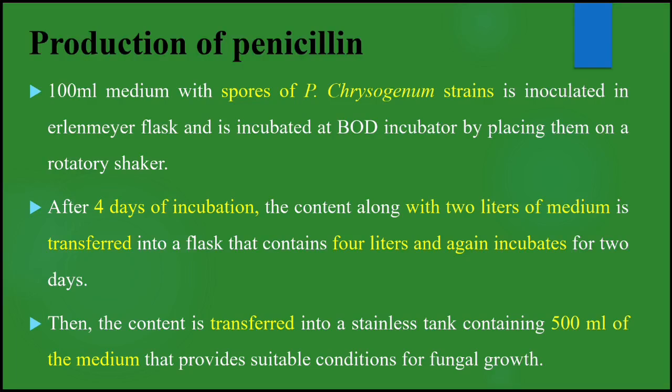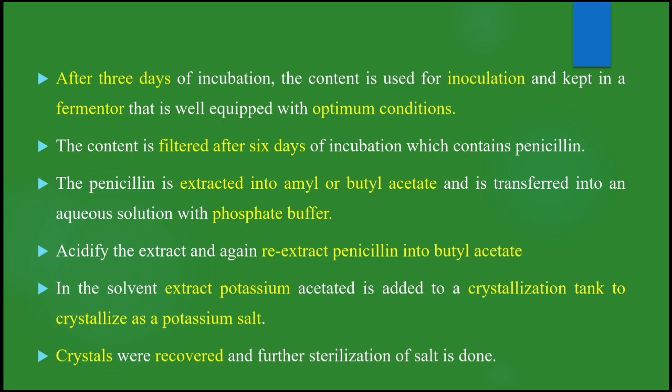Then the content is transferred into a stainless tank containing 500 ml of medium that provides suitable conditions for fungal growth. After 3 days of incubation, the content is used for inoculation and kept in a fermenter that is well equipped with optimum conditions.